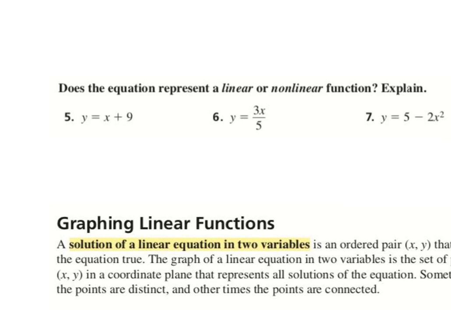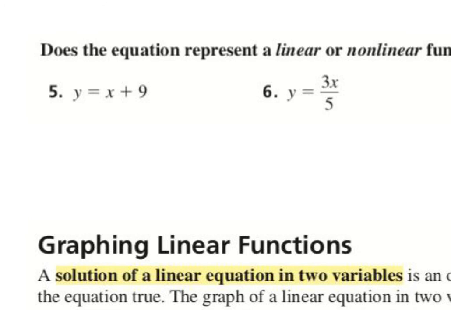Do we think that is linear or non-linear? Don't be afraid to make a mistake. Diego, what do you think? Linear. Awesome. It's linear. Why? Very good. What's my m and what's my b in number 5?